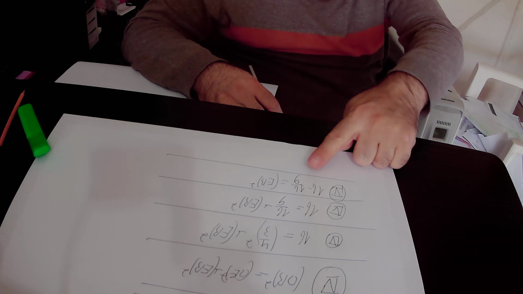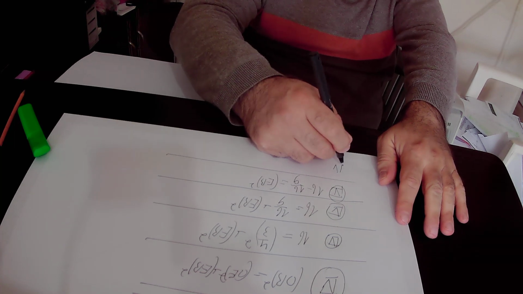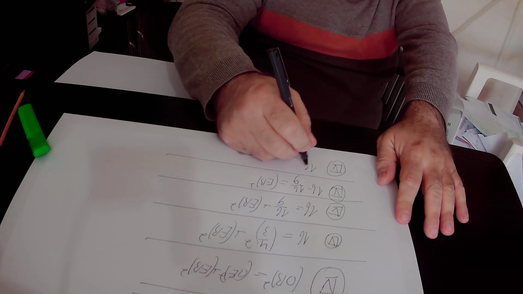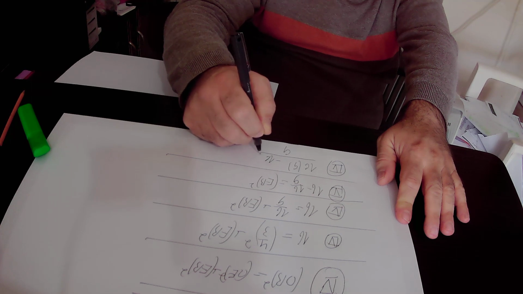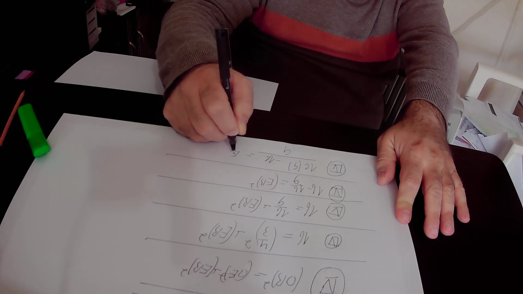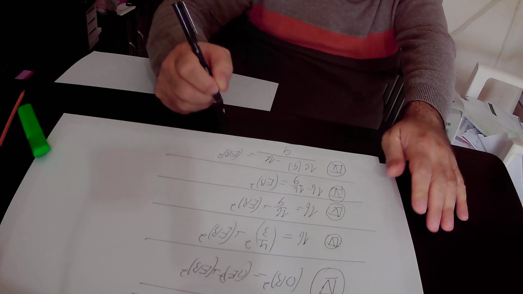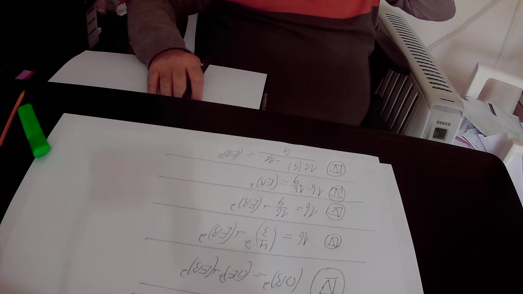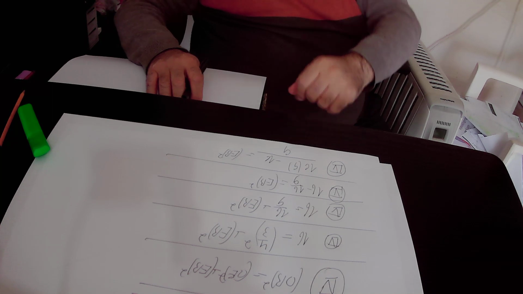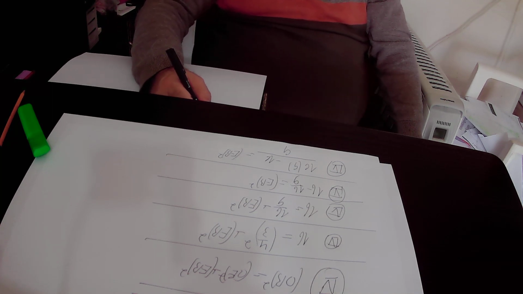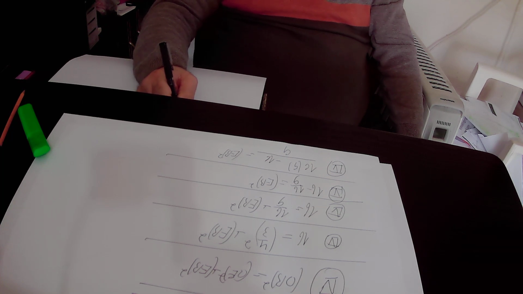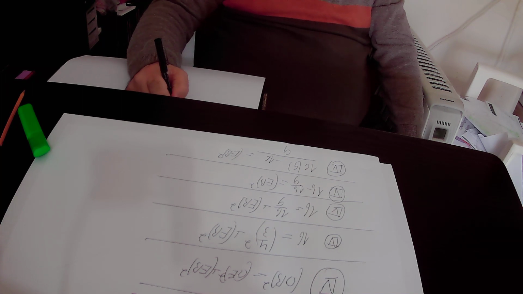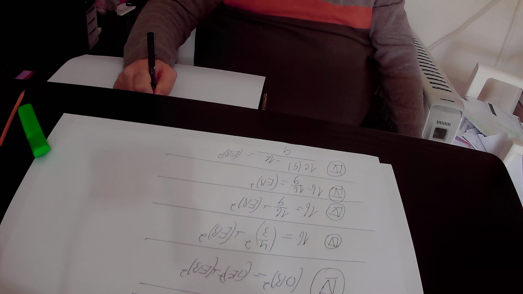So we will get that 16 times 9 over 9 minus 16 over 9 equals EB squared. 16 times 9 minus 16 is 16 times 8, so I write it down: 16 times 8 over 9 equals EB squared.